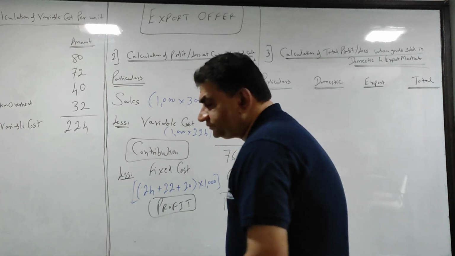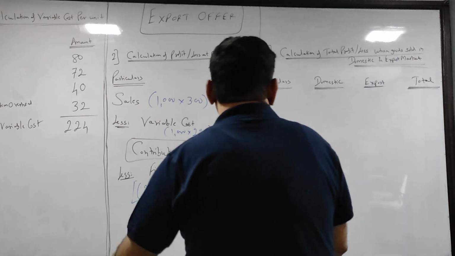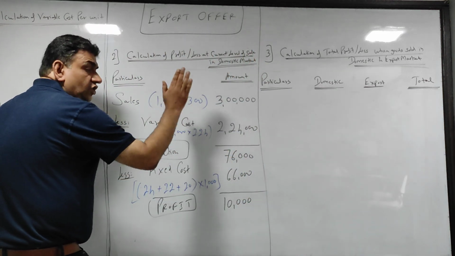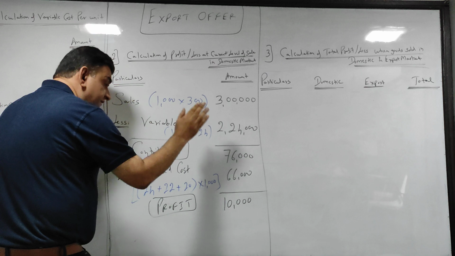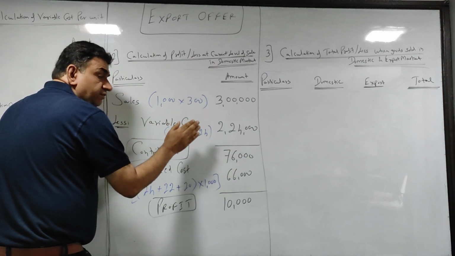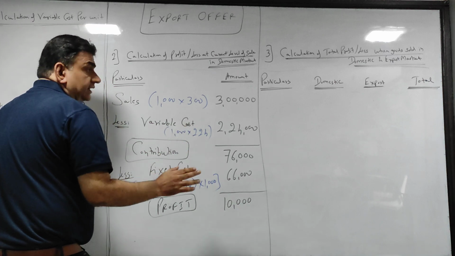Now guys listen, I'll change the angle now. See, I made the third table. What was this? Calculation of profit loss only when the goods are sold in the domestic market.